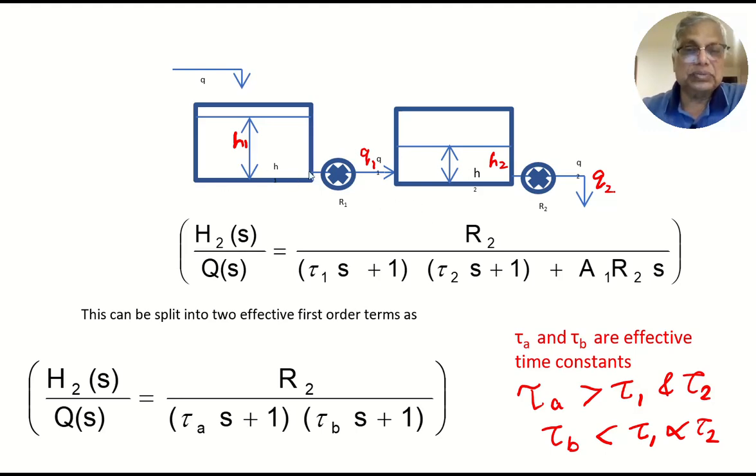The response of interacting systems will be more sluggish compared to non-interacting systems. That is because of the additional term a1 r2 s, or c1 r2 s, in the denominator of the transfer function, which means the actual time constants are changed into two effective time constants which are different from the actual ones.